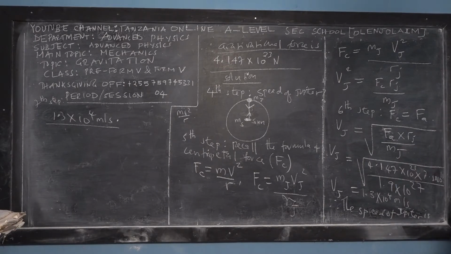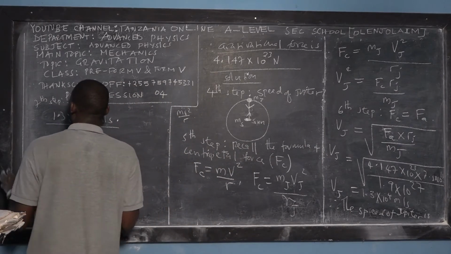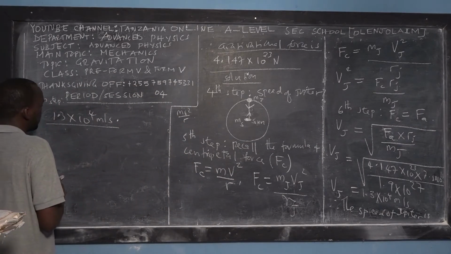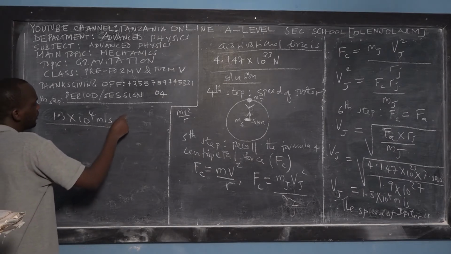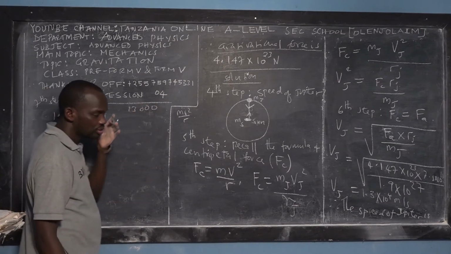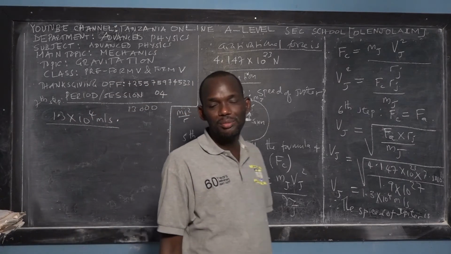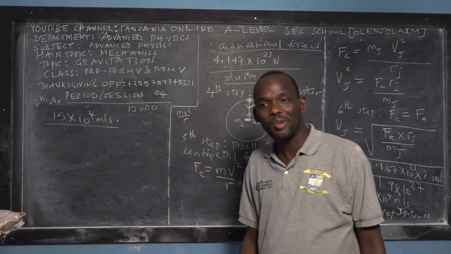So if you eliminate this exponential sign, this is equivalent to 13000 meters per second. How many kilometers are there? 13 kilometers.